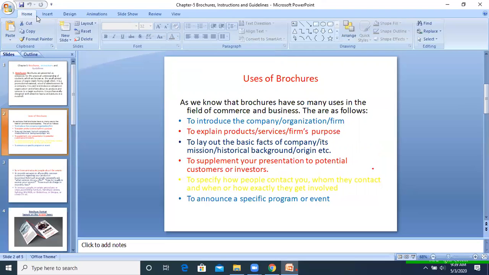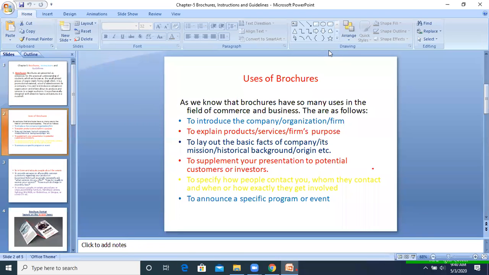They are as follows: to introduce the company, organization or firm; to explain products, services and the firm's purpose; to lay out the basic facts of the company, its mission, historical background, origin, etc.; to supplement your presentation to potential consumers or investors; to specify how people contact you, whom they contact and when, or how exactly they get involved; to announce a specific program or event.